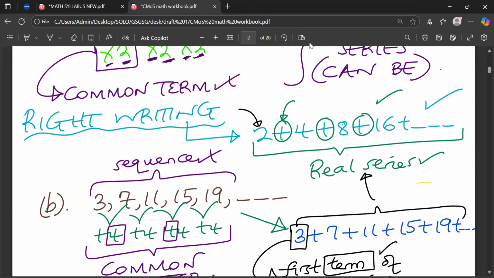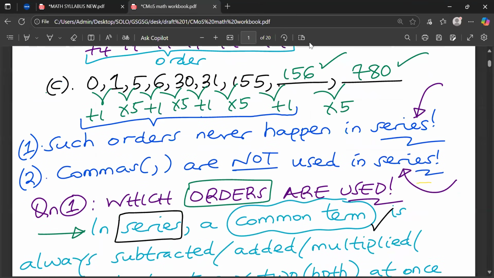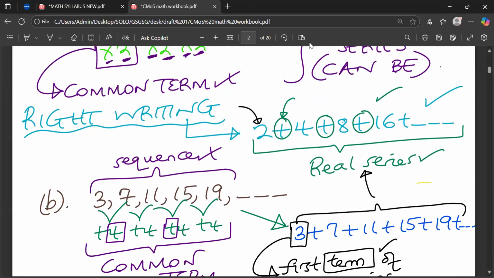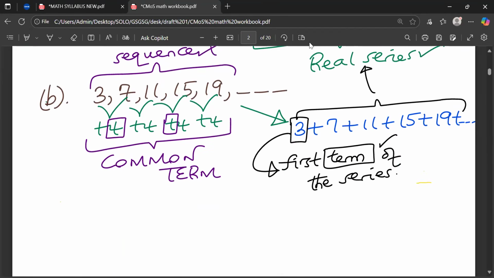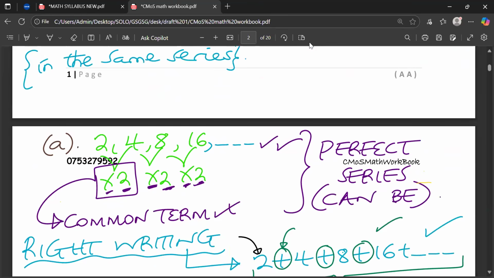So here, what I really wanted is for you to stop that thing of using commas and understand that we are going to be using the plus. Then understand the moment things are weird and in the same sequence we are subtracting and in the same sequence we are adding, that cannot be a series because we don't have a common term we are dealing with.